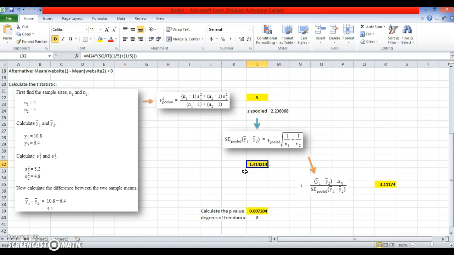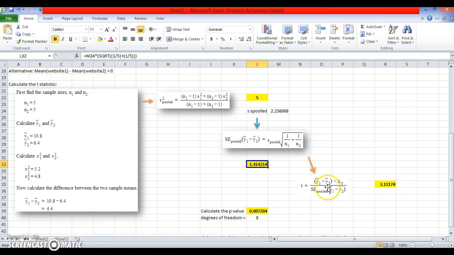And then we come all the way down here to the t statistic, and we solve for it. Now we can finally solve for a t statistic. So what is the difference in the mean? It's up here because we had just done it. It's 4.4, and remember this is the null hypothesis for the difference, which is 0.